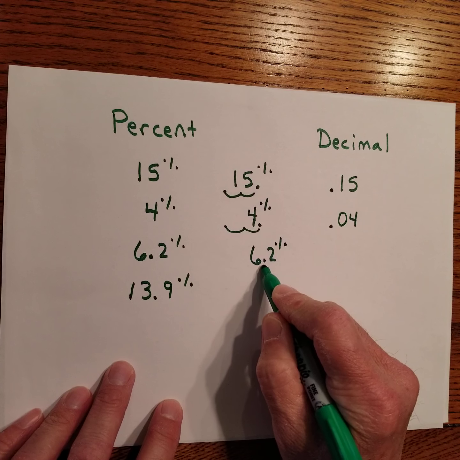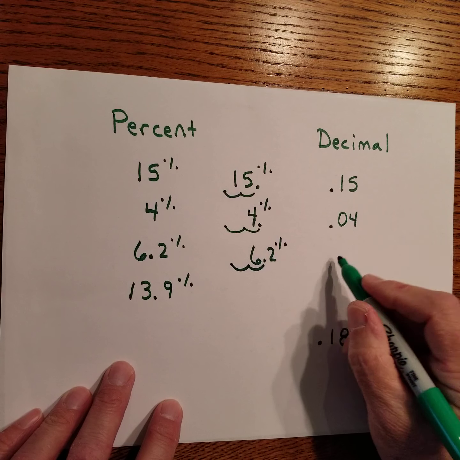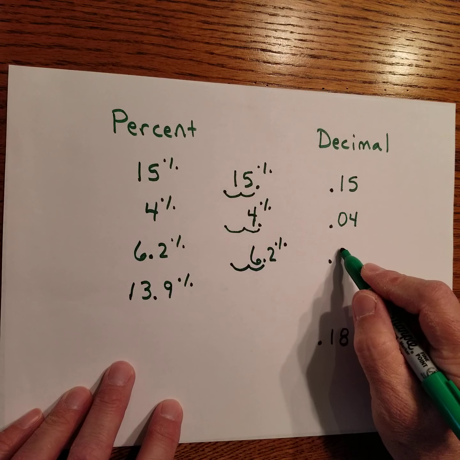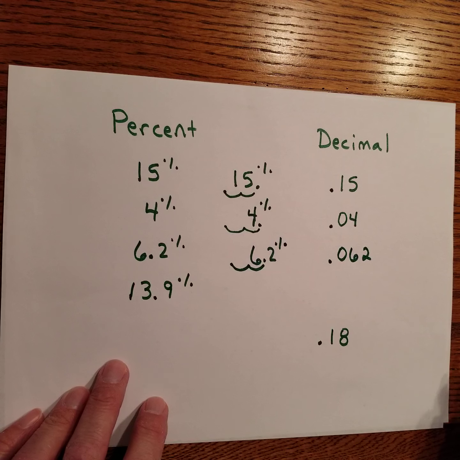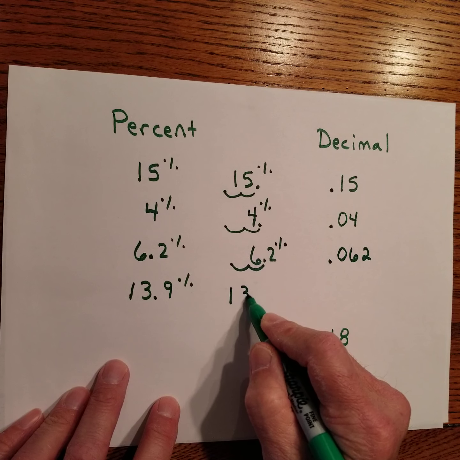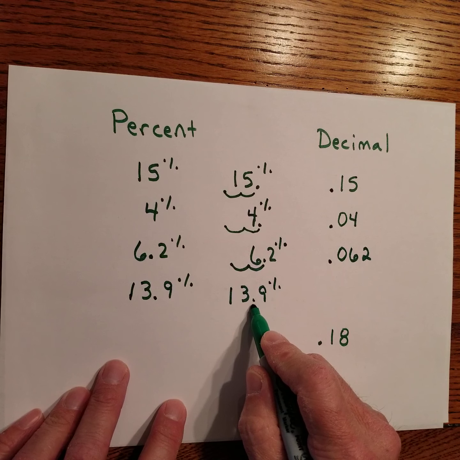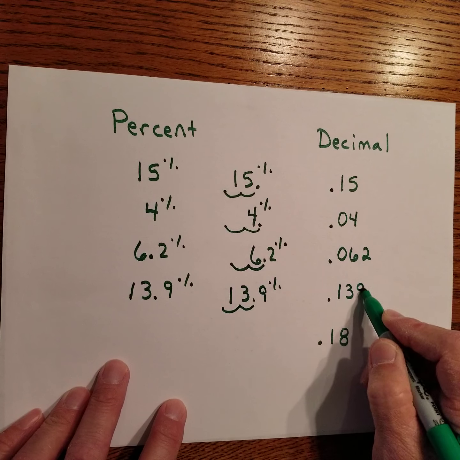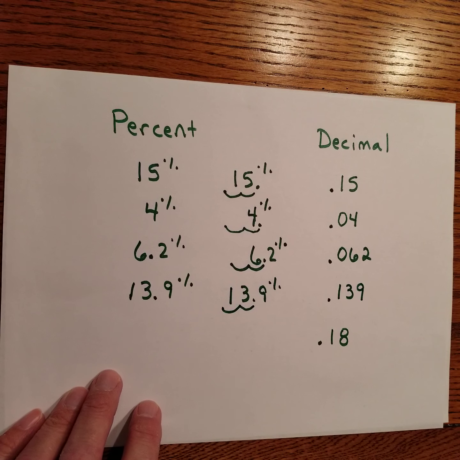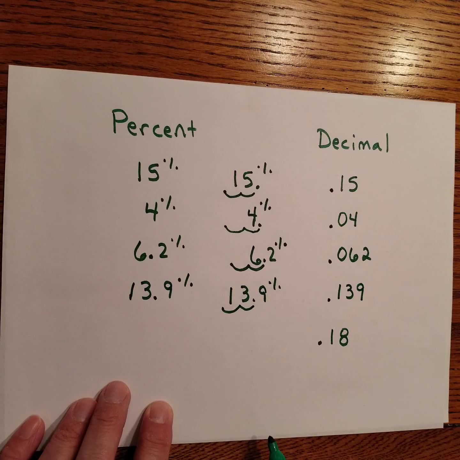6.2%, after moving the decimal point 2 spots, I again have room for a 0. 6.2% becomes 0.062. If I start with 13.9% and move the decimal point twice, my decimal is 0.139.